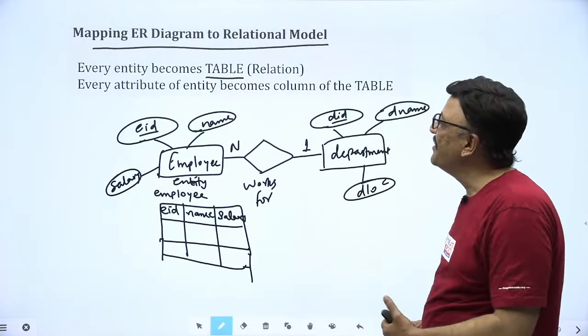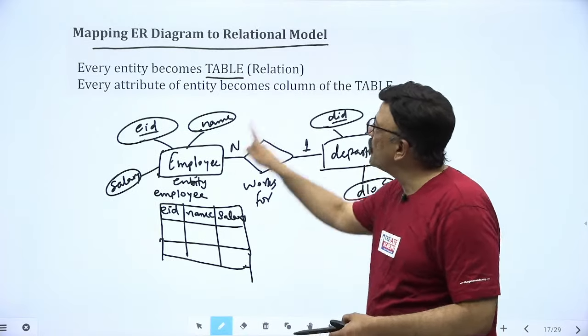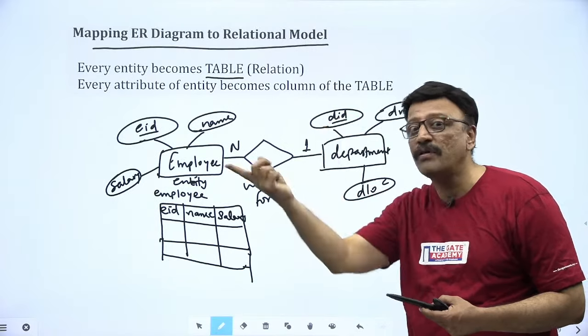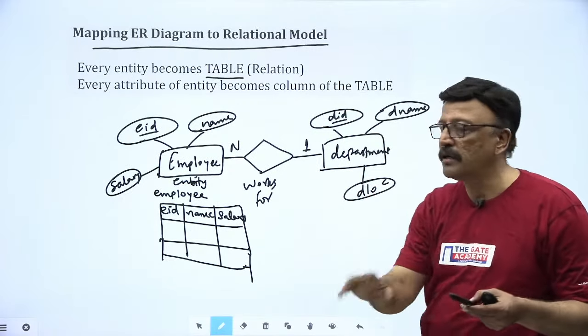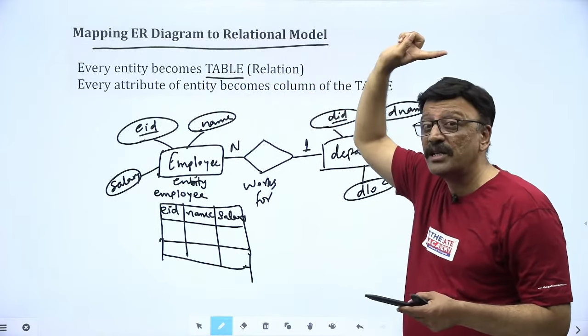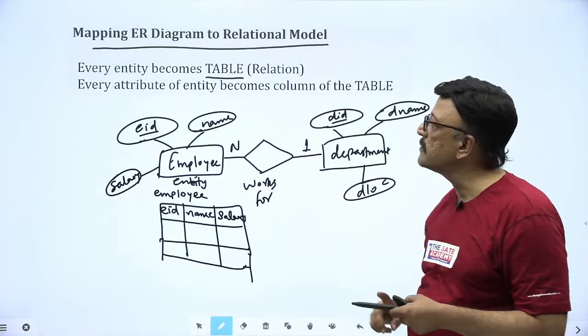So the table is also known as a relation. Not that relationship, not the rhombus. The table is called a relation, which is different from the relationship we have drawn as a rhombus.